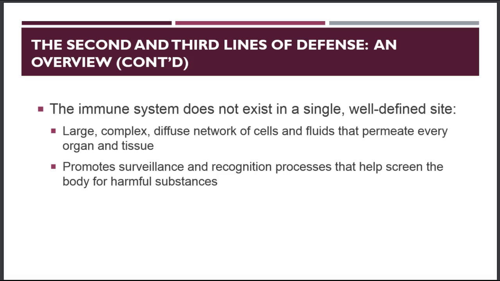So white blood cells are able to move throughout the body and throughout every tissue. And this is also important so that those cells then are able to recognize any particles or structures that are harmful. They are really important in screening tissues, especially blood, for any harmful organisms that have happened to enter the body.